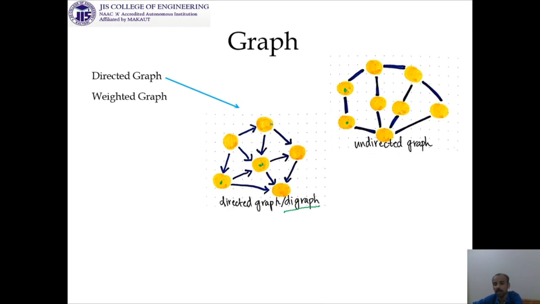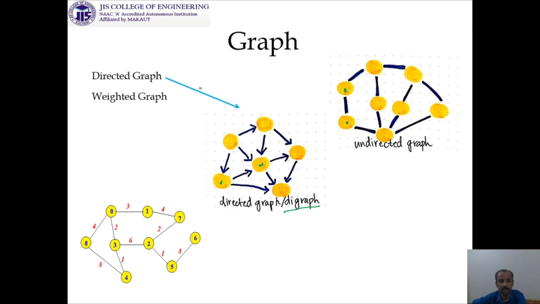That means if you have a vertex A and B and they are connected by an edge, and if you have another vertex C, A and C are connected by an edge, but the edges have different significance, then you have to signify this by something which is termed as weight. And when different edges have different significance in a graph, that graph is called a weighted graph.